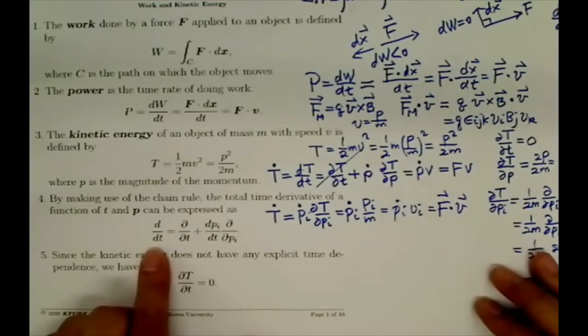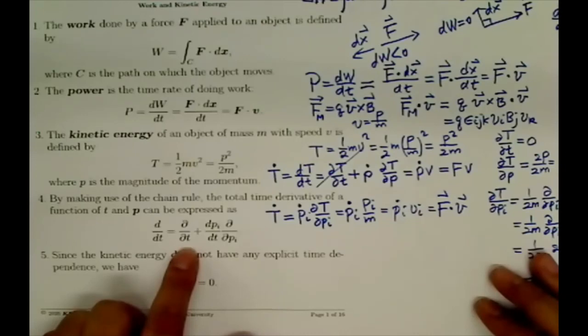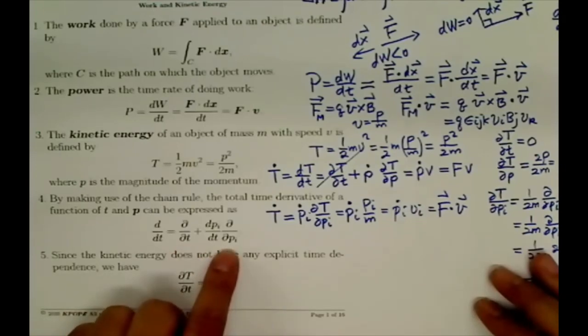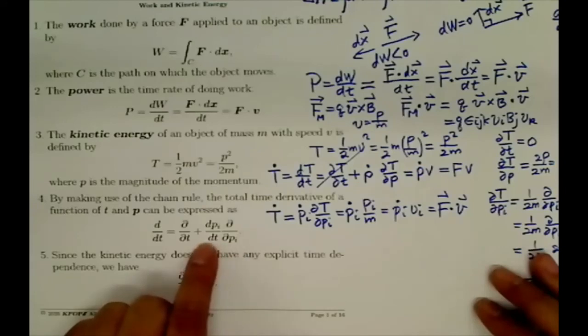Total time derivative of a function is a sum of partial time derivative, and in case of the kinetic energy, it depends on pi. So partial derivative with respect to pi and time derivative of pi. If it is also a function of x, we add one more piece, partial derivative with respect to xi and xi velocity.